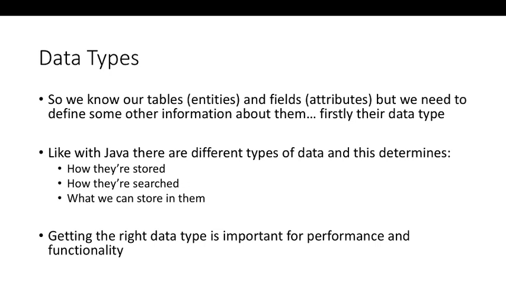So what we really want to do is try and find the best data type that matches the data that we're trying to store, because that will be the most efficient, the most accurate, and the quickest and easiest to search and exploit, which we'll come on to. So the type of data represents how it's stored, how it's searched, and what we can store in it.